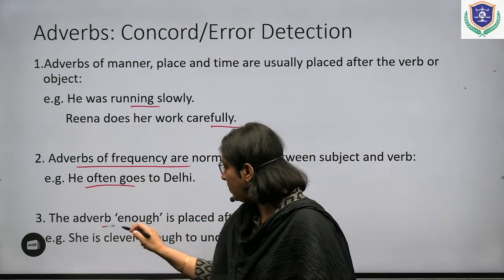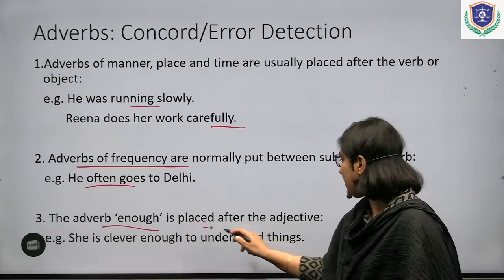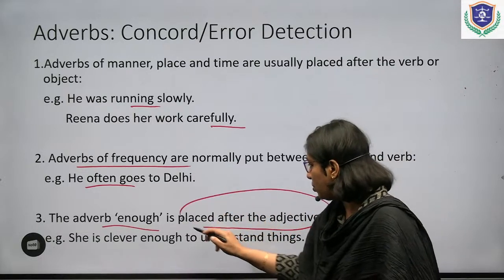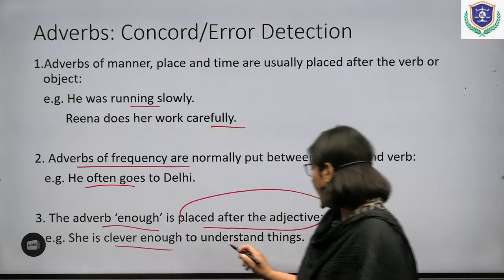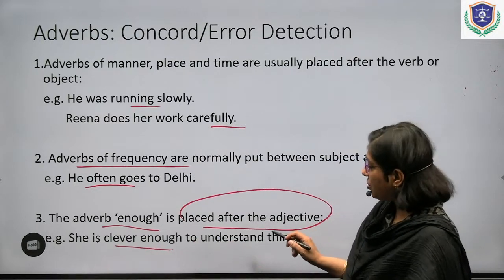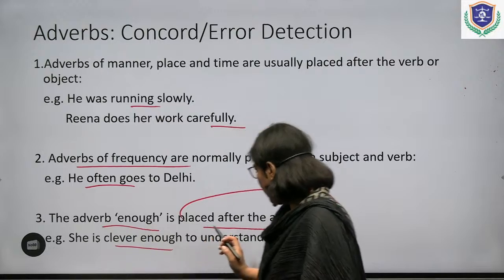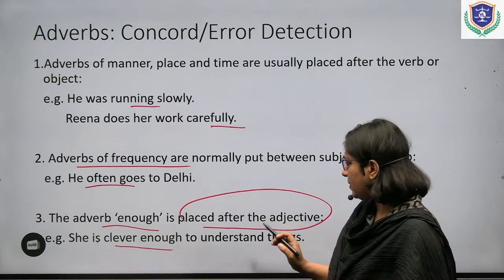Now adverb enough is placed after the adjective, so you have to pay attention here. She is clever enough to understand things, not she is enough clever to understand things.